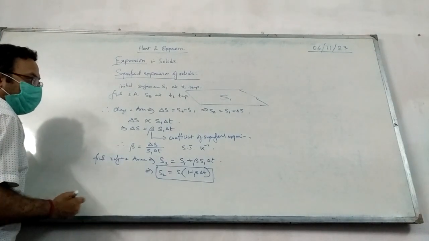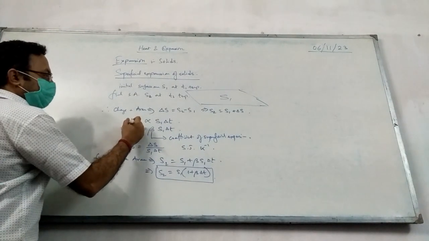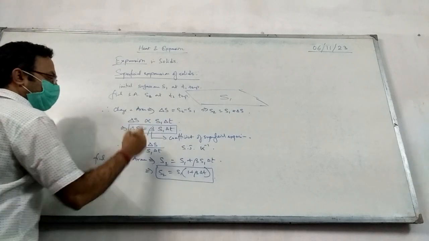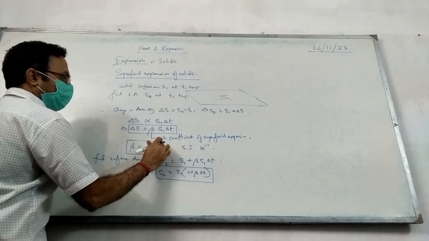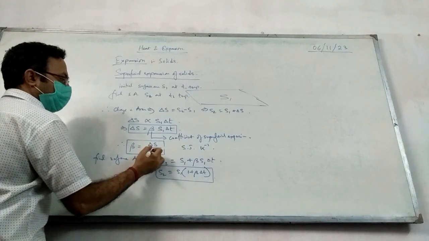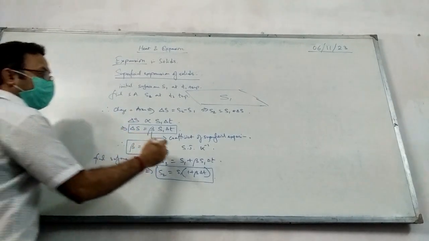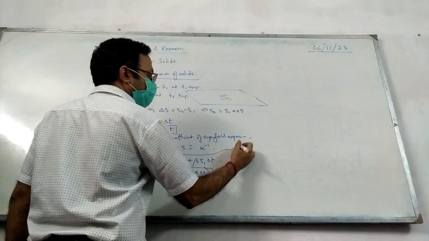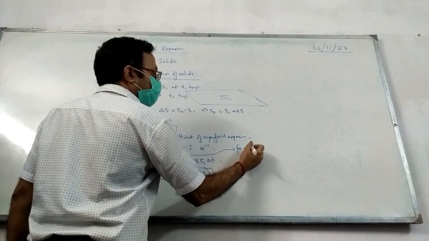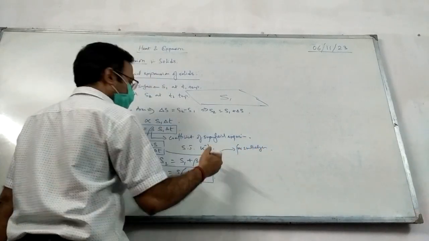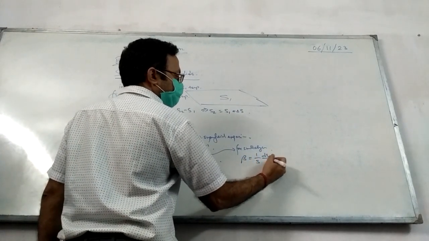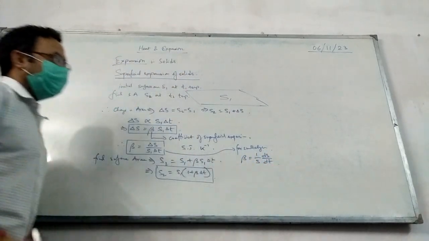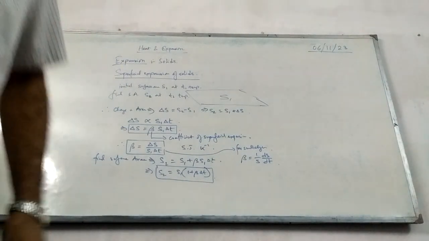And this is the change in surface area. Why am I boxing these equations? Because these will be the working equations. And one important thing: for small changes, beta can be written as 1 by S ds by dt. S represents surface area, not displacement.